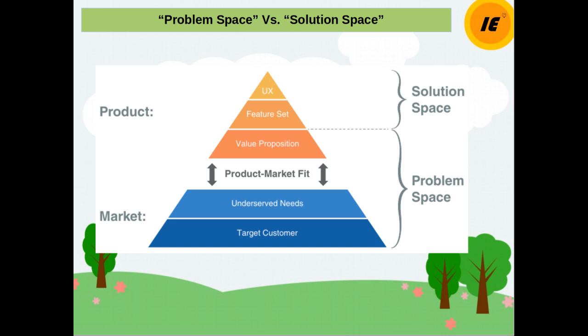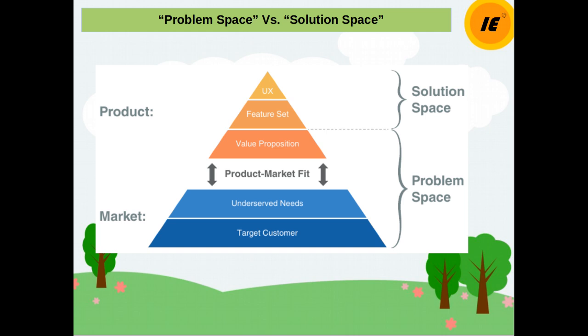Problem space and solution space are an integral part of the product-market fit pyramid. As you can see in the figure, your product's feature set and user experience live in solution space. They are what customers can see and react to. The other three layers of the pyramid live in problem space.